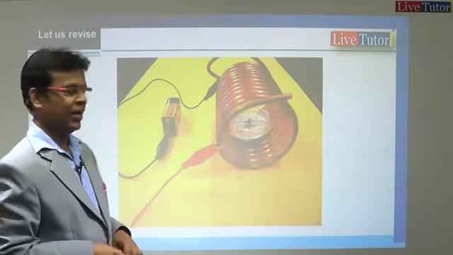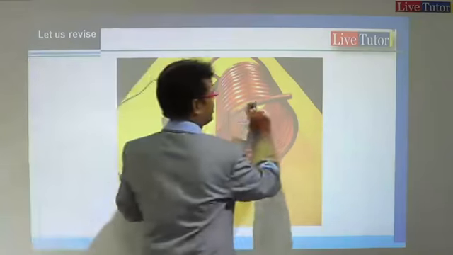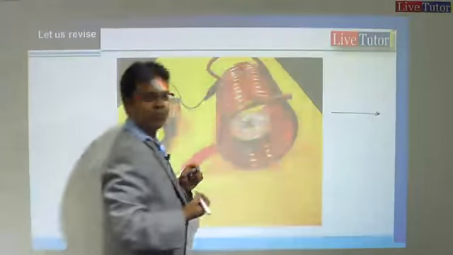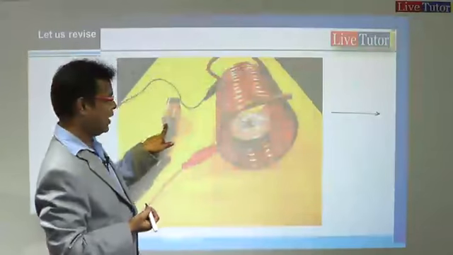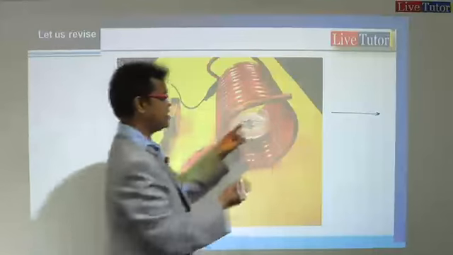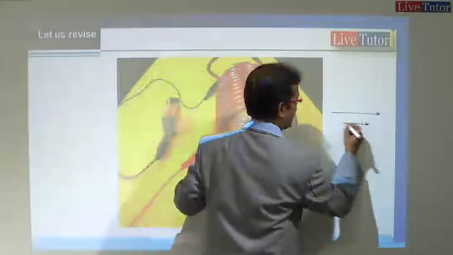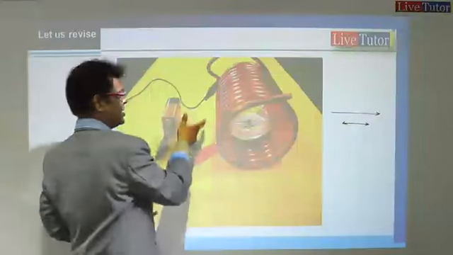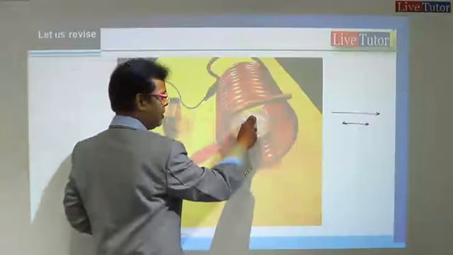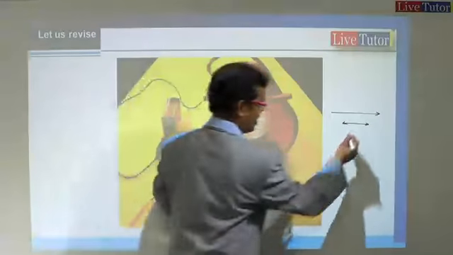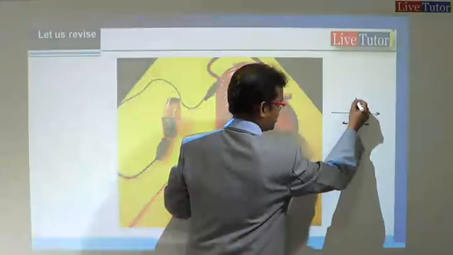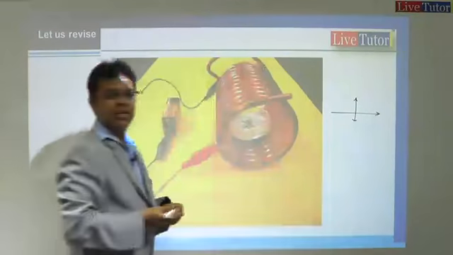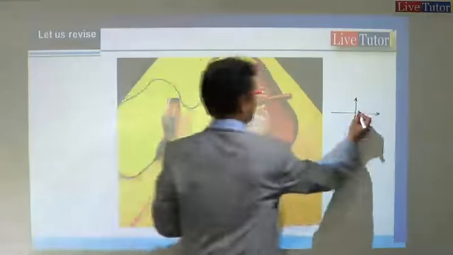See that? The current is flowing in this direction, so I am pointing out the direction of current here. Earlier, when the current is not flowing, what is the direction of the compass needle? It is showing like this. Now once we apply a steady current flowing through that, the compass needle is coming like this. So what do you call it as?